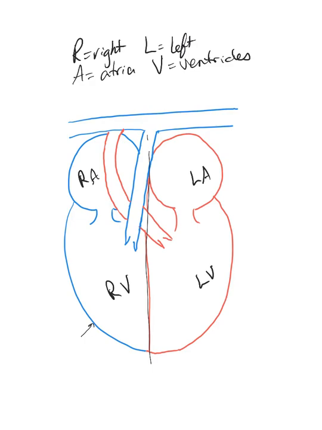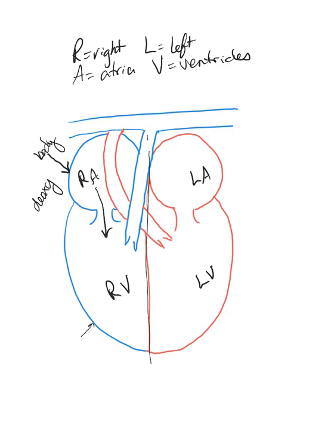So if we start with a more basic blood flow through the heart, blood returns from the body to the right atrium. Now this is deoxygenated blood. It goes past the right atrium, past these valves, we'll talk about those in a bit, to the right ventricle.